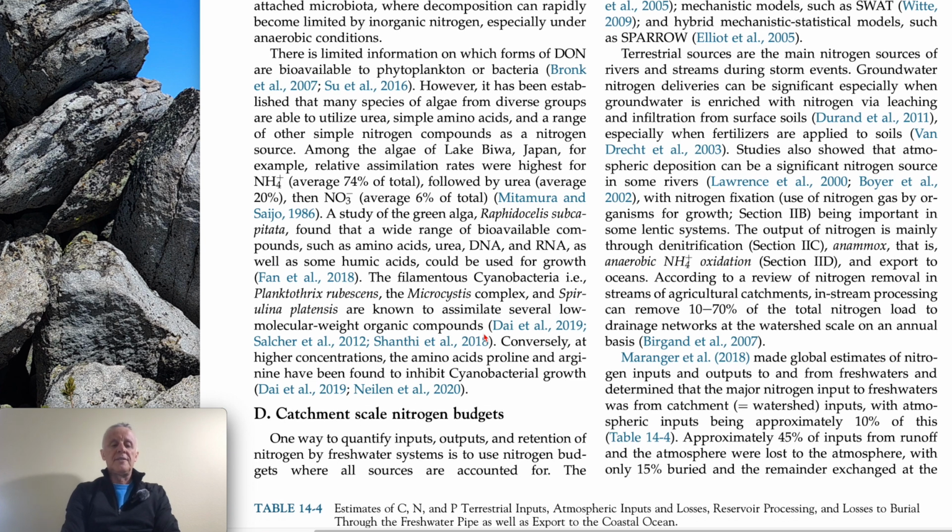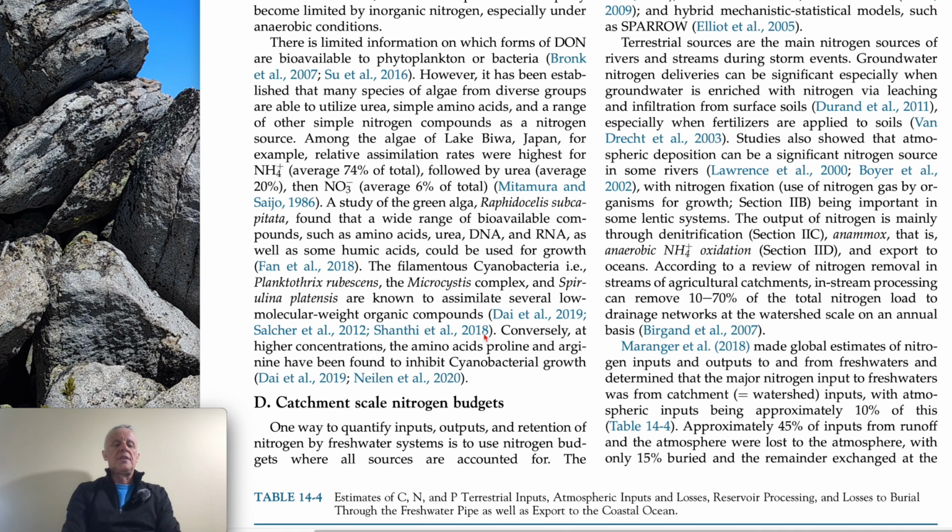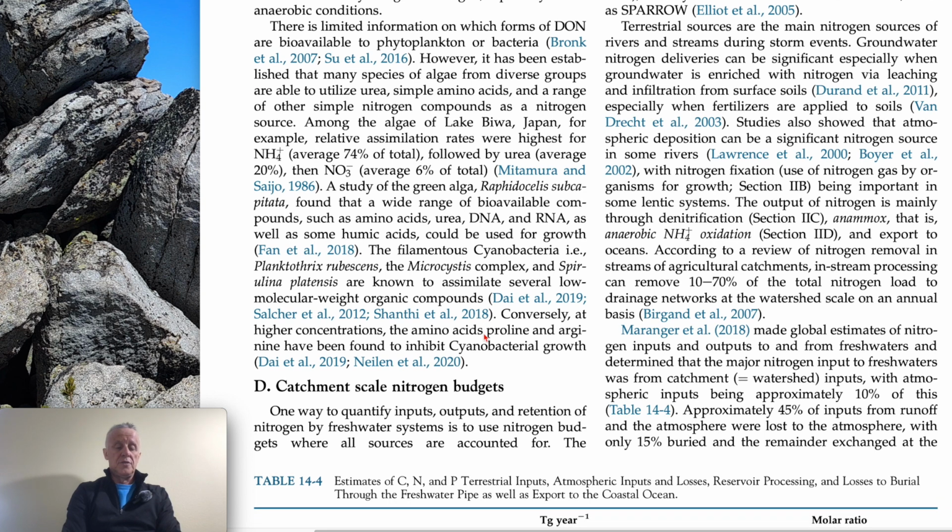However, it has been established that many species of algae from diverse groups are able to utilize urea, simple amino acids, and a range of other simple nitrogen compounds as a nitrogen source. Among the algae of Lake Biwa in Japan, for example, relative assimilation rates were highest for ammonium, an average of 74% of total, followed by urea, an average of 20%, and then nitrate, an average of 6% of total.